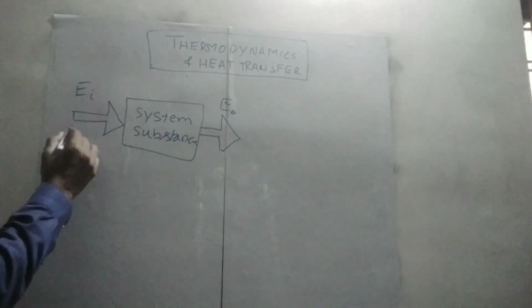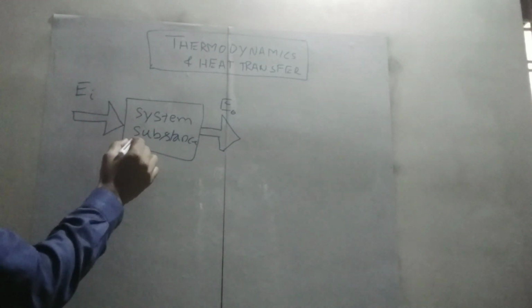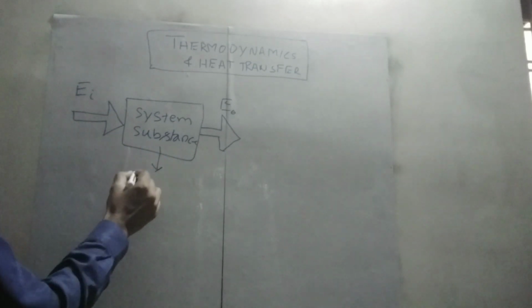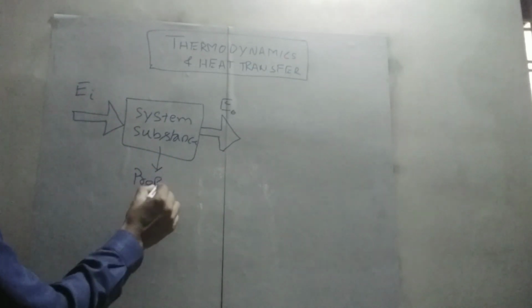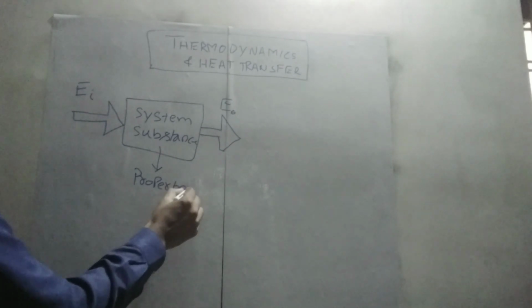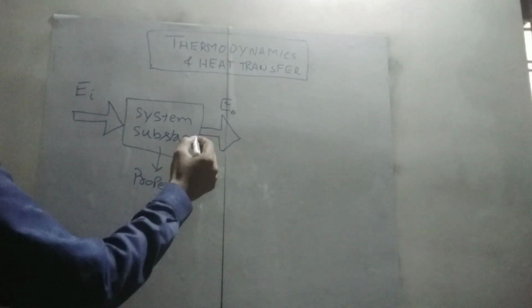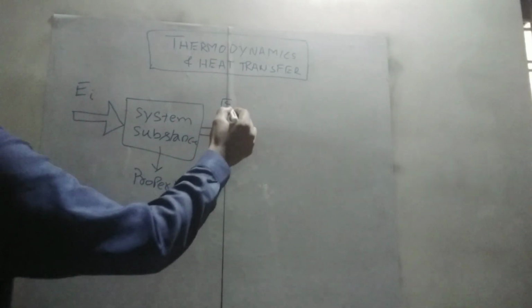Now, when you are applying some energy to the system, it will have substance. The properties of substance are changing. And these properties are resulting in an output of energy, that is E out.